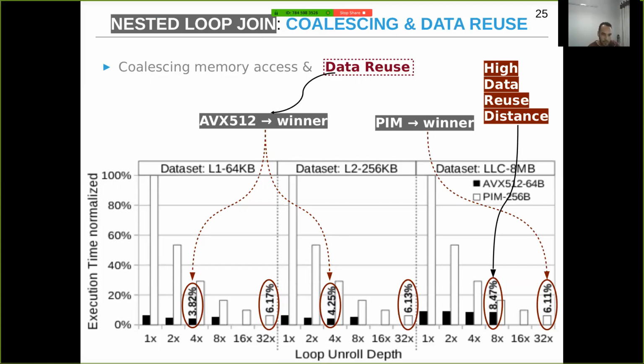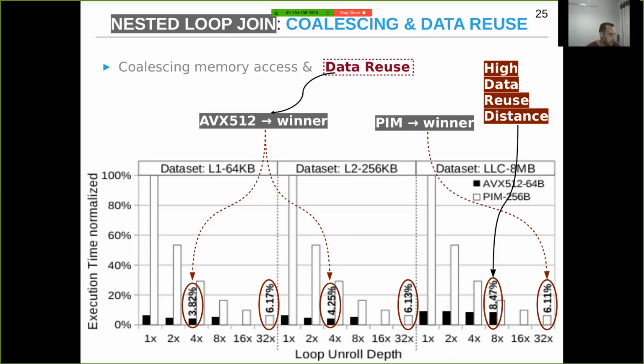If the application right now accesses memory address B, and this same address will be accessed in the future, but before this second access to address B there are some other memory accesses, some load operations, this number of load operations is the data reuse distance. If the data reuse distance is very high, for example greater than the L2 cache size, the PIM execution starts to be very fast, very good.